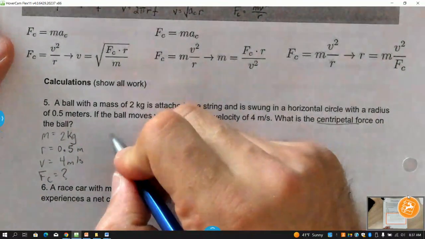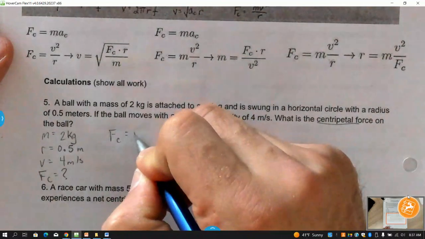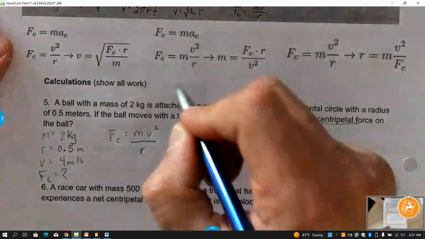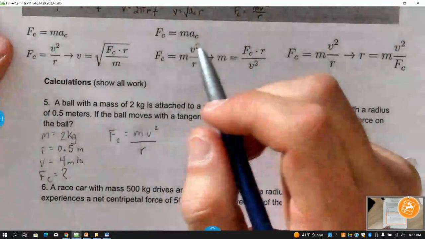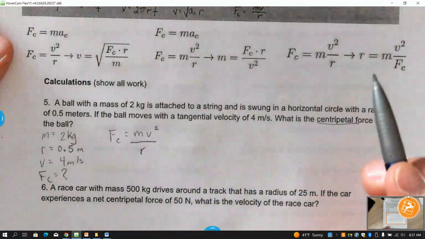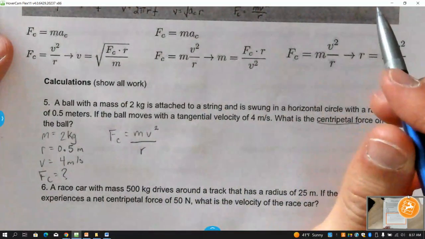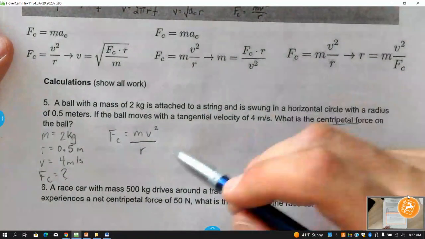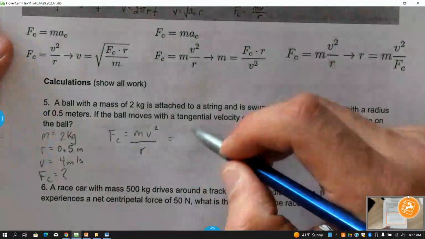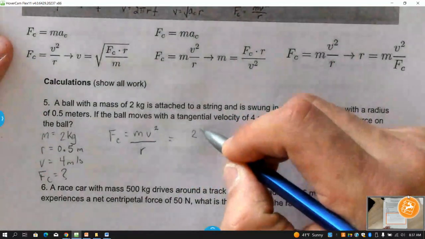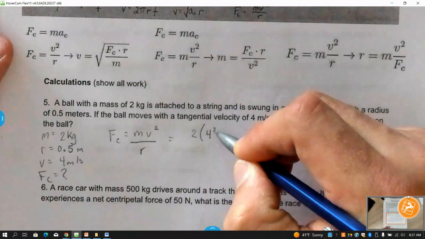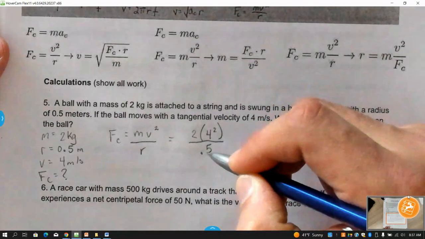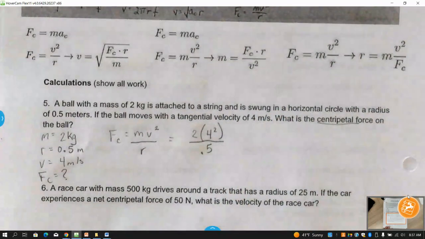We have the equation: mv squared over r. Only squaring v. You only square v. So the math for that would be 2 times 4 squared over 0.5.